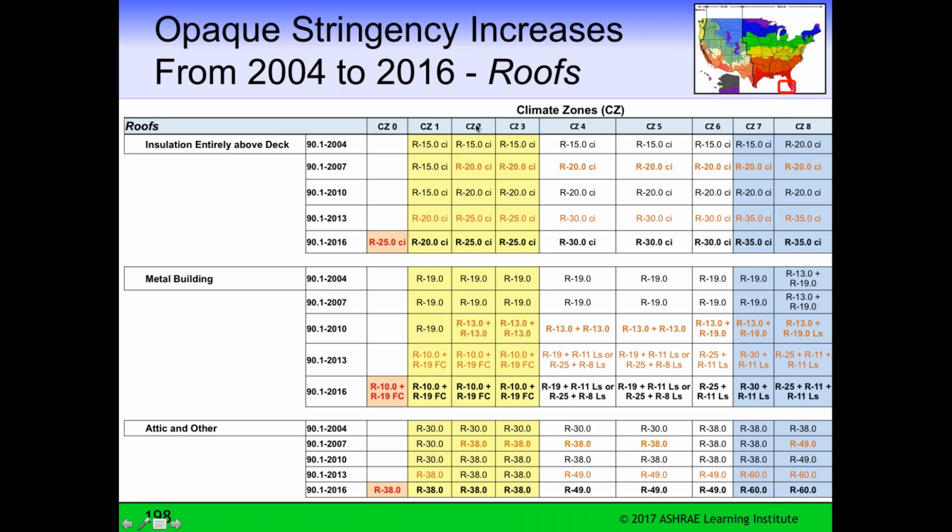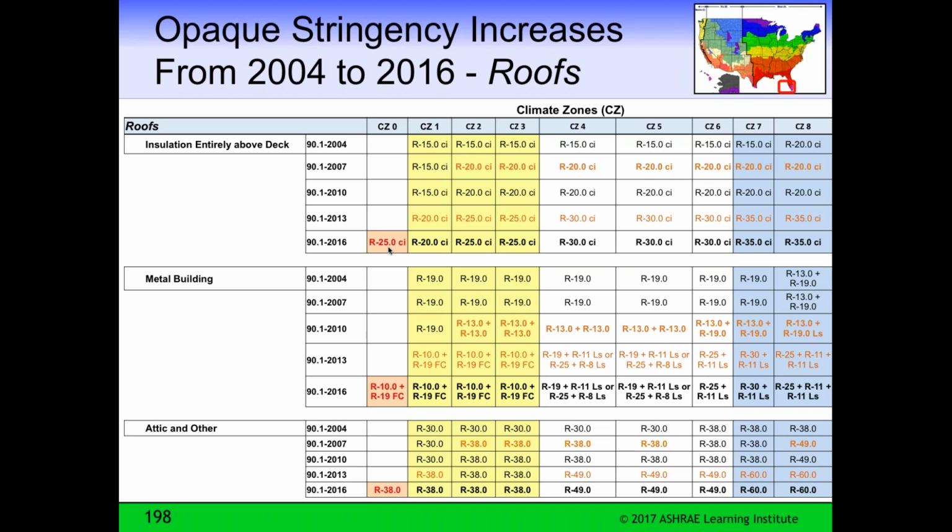This table covers all of the climate zones from 0 to 8. If you started out in 2004, the R value requirement for insulation entirely above deck was R15, except for climate zone 8, where it was R20. But by 2016, which we're talking about today, the requirement for climate zone 0 is R25. For climate zones 1, 2, and 3, it's R20. Climate zones 4 and 5, it's R30, and also 6, and then R35 for climate zone 7 or 8.